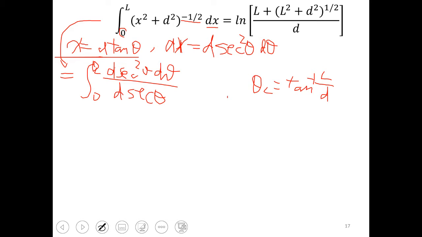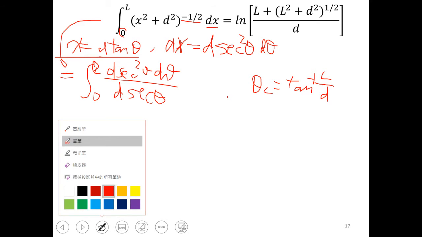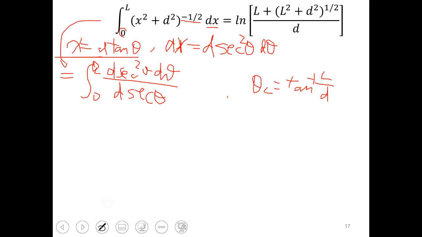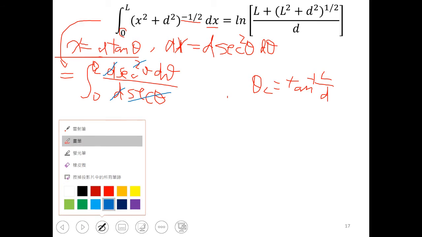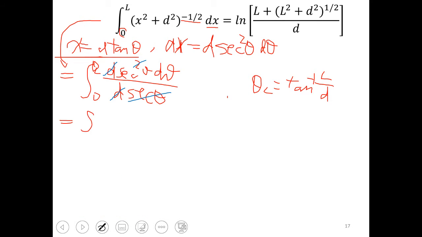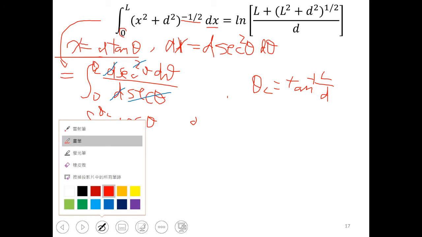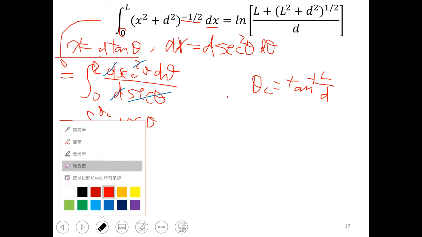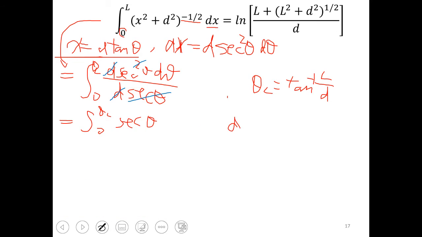So we can cancel d and one of the secant theta, so at the end we just have a single secant theta. So you just integrate secant theta d theta.